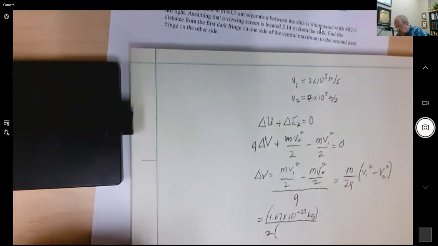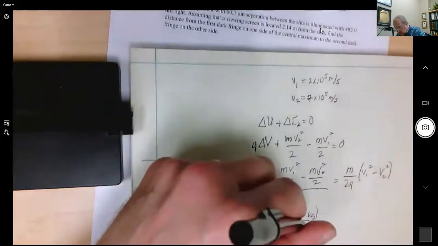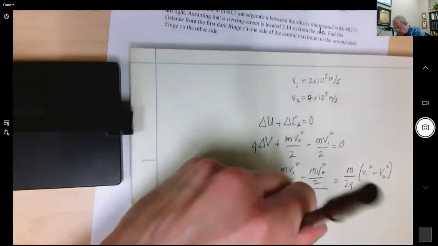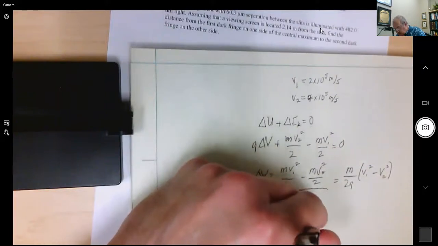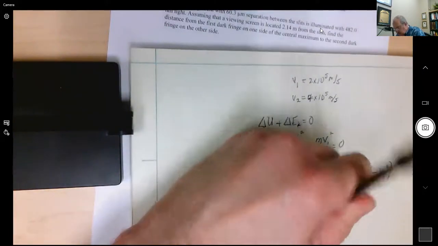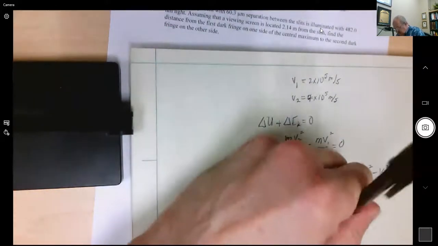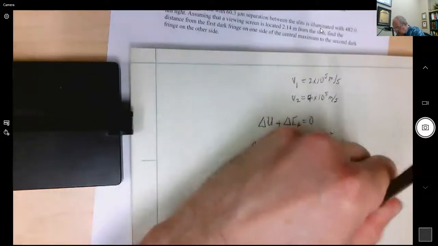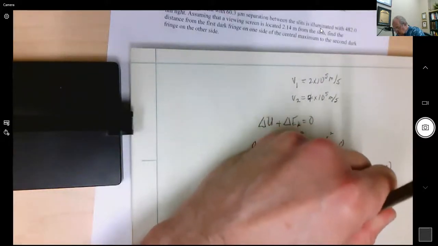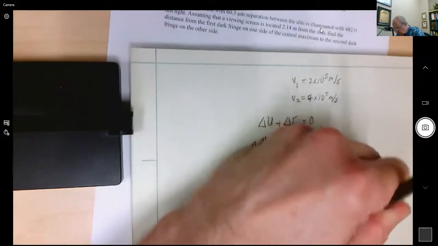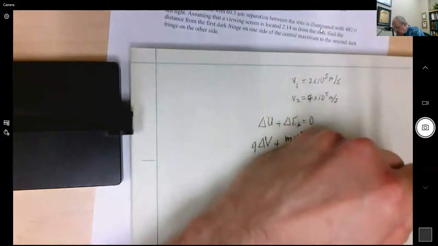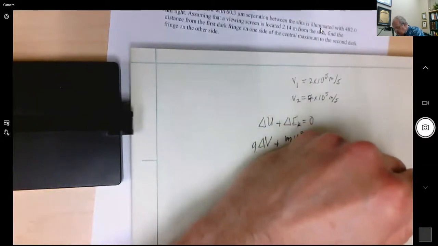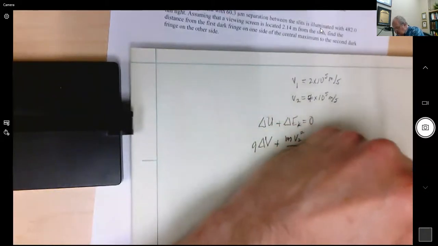And the charge is 1.6 times 10 to the negative 19th coulombs. Okay, my first velocity is 2 times 10 to the 5th meters per second. I want to square that, minus 4 times 10 to the 5th meters per second. I want to square that.